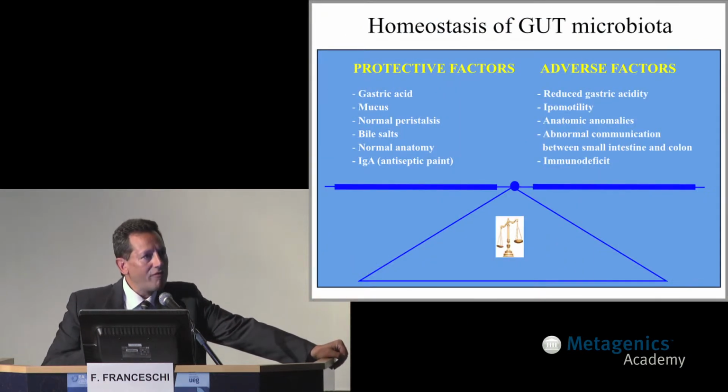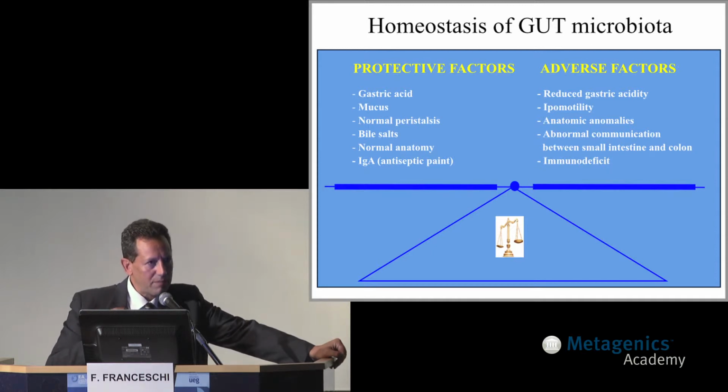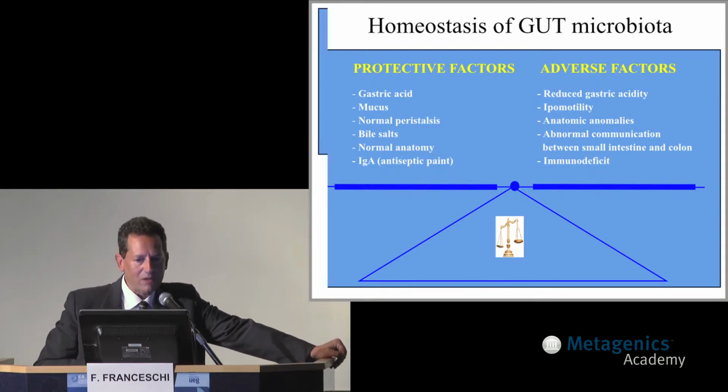Of course, we have a balance of the gut microbiota maintained by the action of protective factors and adverse factors. You see the protective factors: gastric acid, mucus, normal peristalsis. And adverse factors: we may have some conditions related to reduced gastric acidity, hypomotility, anatomic anomalies, and so on.